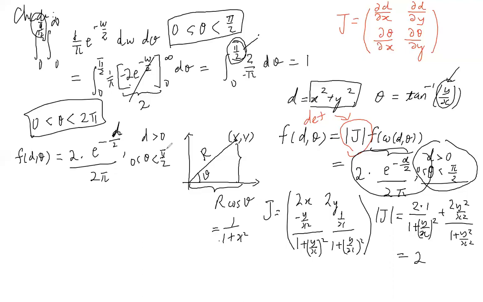Now, if we move this to 2 pi, how should you change this density?